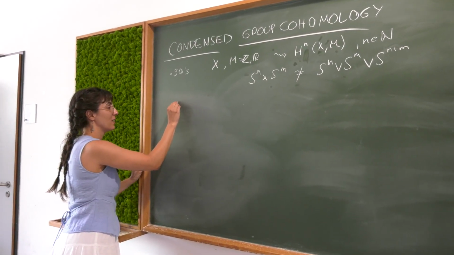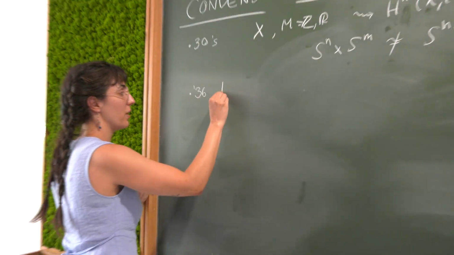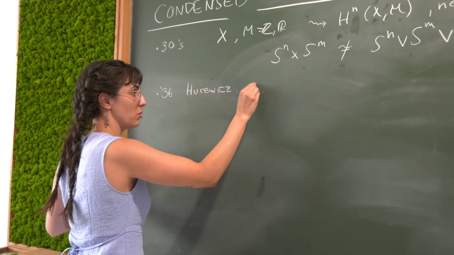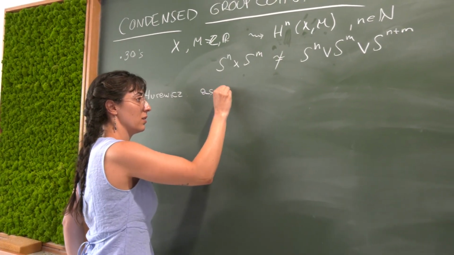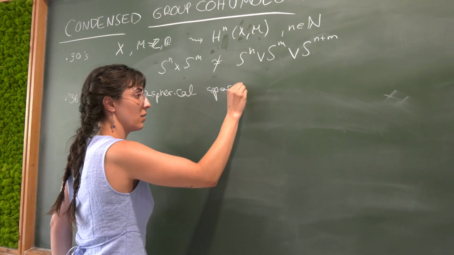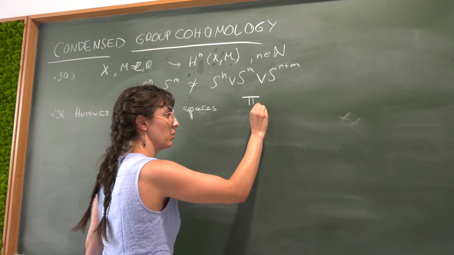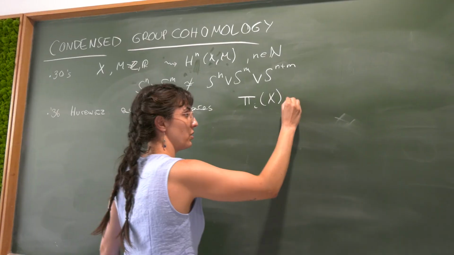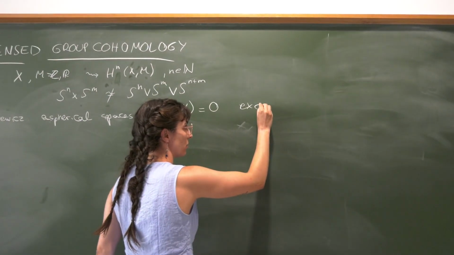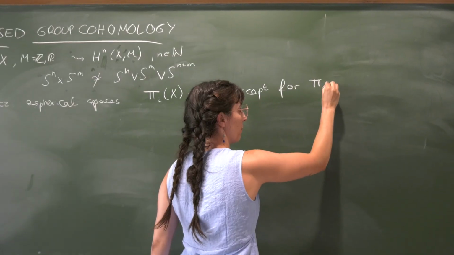So in 1936, Hurewicz introduced aspherical spaces. And these are spaces whose homotopy groups are all trivial, except for the first one, the fundamental group.